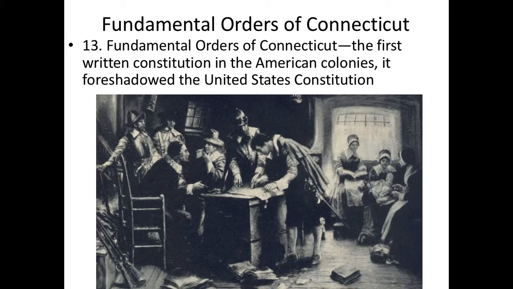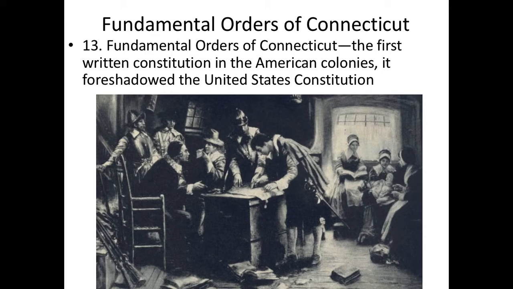And they're going to describe any type of power, how that power would be regulated, how it would be checked, how people would vote on their representatives, how those representatives should act when they are in power. And so this laid the basis for the United States Constitution because the United States Constitution does the same thing, but instead of describing how a colony is going to be run, it describes how the country will be run.